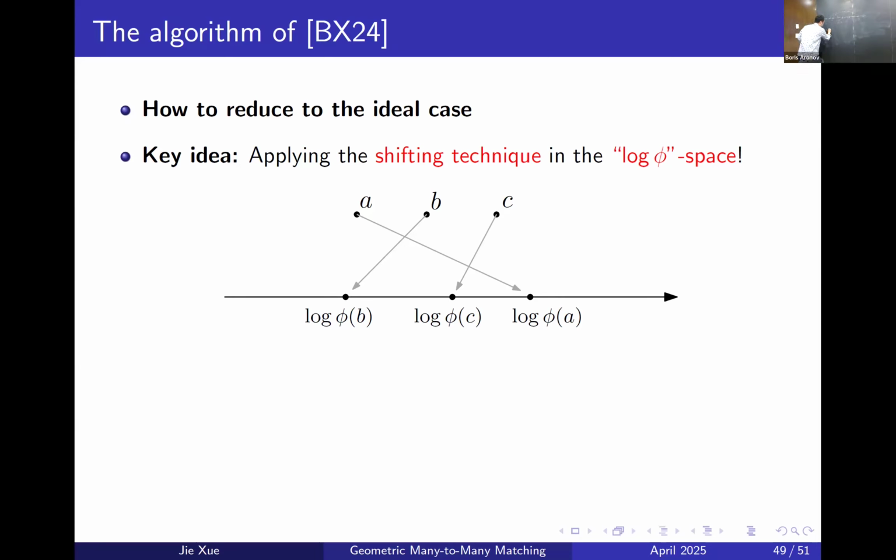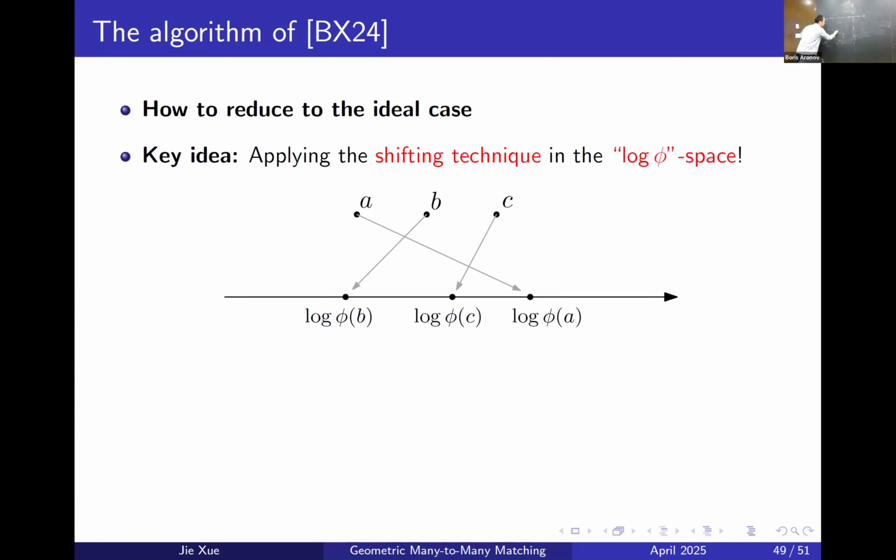This edge is long in this space, meaning that phi x and phi y differ a lot, by a large function, larger than any function of epsilon. Then the insight is the following.